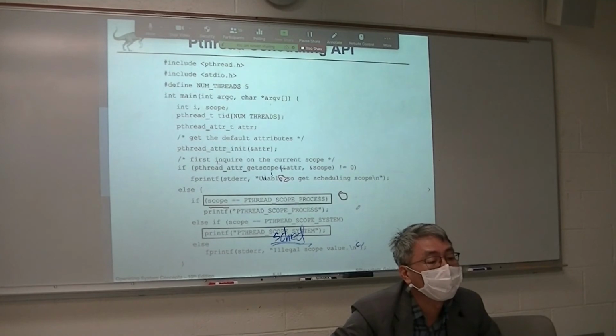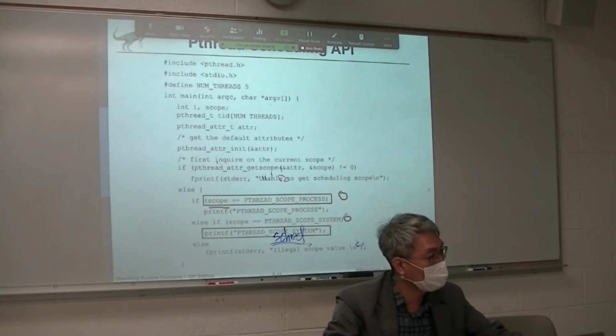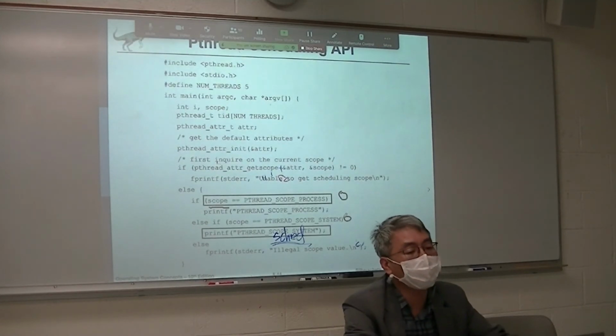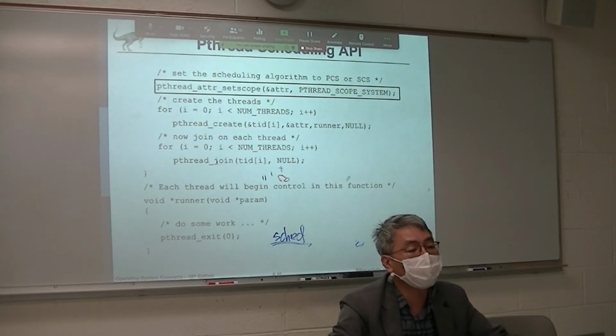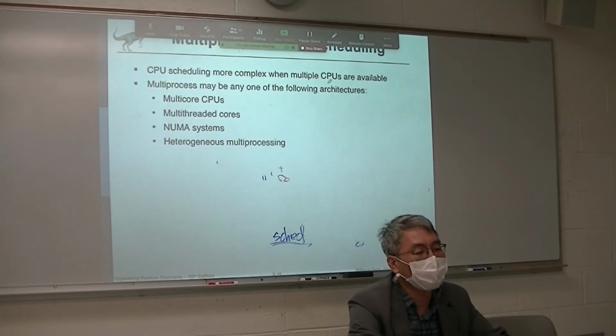And PTHREAD_SCOPE_SYSTEM is the operating system level. So you are able to select in your API which thread scheduling algorithm will be used. Then finally you can run the thread programming with either PCS or SCS scheduling.